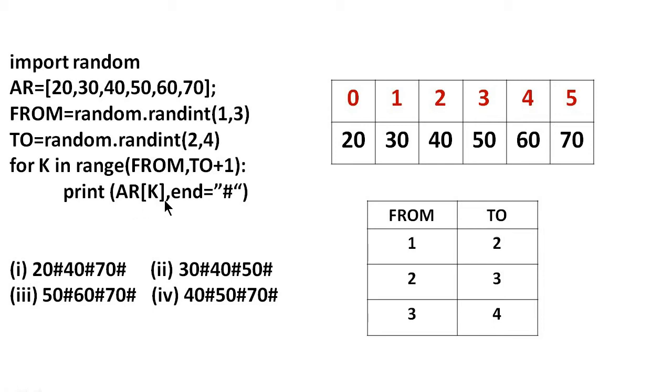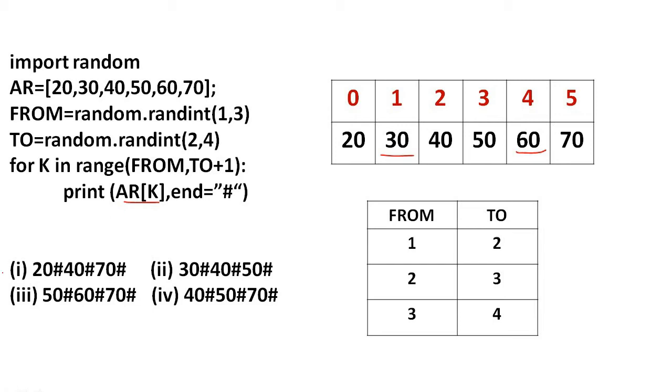Print AR of k. What will be the minimum value of AR of k? That is when the value of k is 1, from 30 onwards. Then what is the maximum value of AR of k? It is AR of 4, that is 60. So the values in our output will be from 30 to 60.